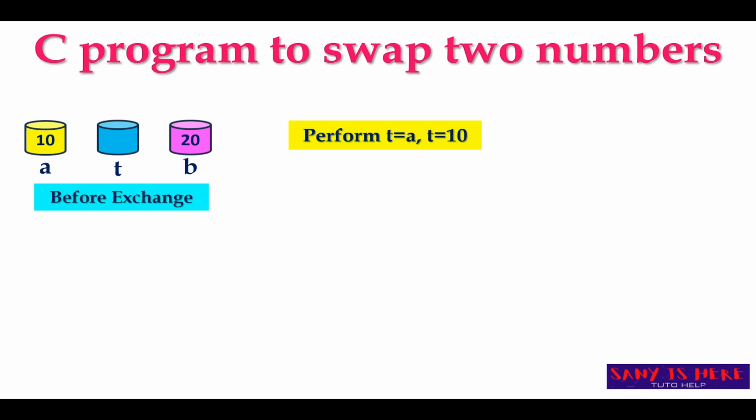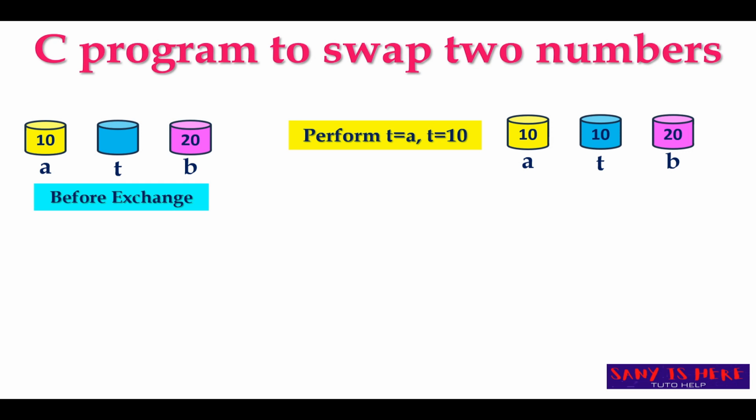Okay, first we'll perform T is equal to A, means we are using the third container where we are putting the value of A. T is equal to 10 now. A means 10, T is equal to 10. Now the status is, in A there is 10 already, and T is also having 10, and in B 20 is there.